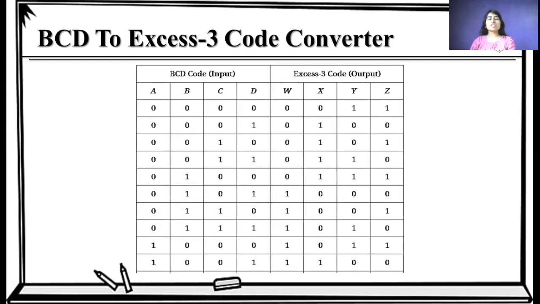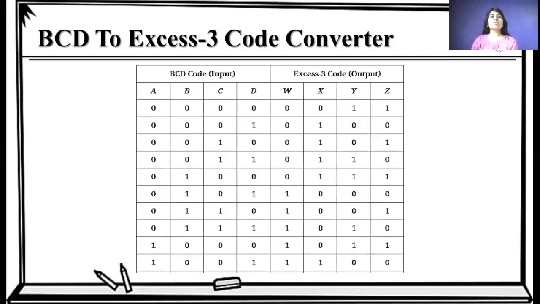Here we have a table for BCD and XS3 code. We have BCD code from 0000 to 1001 for 0 to 9, and for this we have an equivalent XS3 code for each number from 0 to 9.